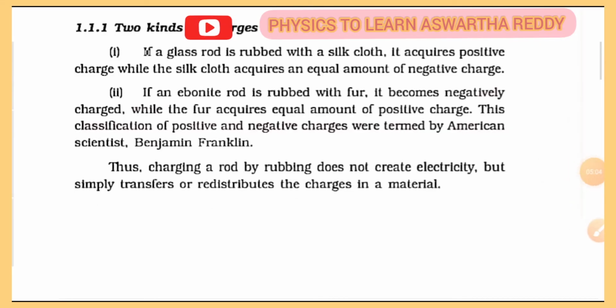Just now you have seen some examples. If a glass rod is rubbed with silk cloth, the glass rod acquires positive charge while the silk cloth acquires an equal amount of negative charge.